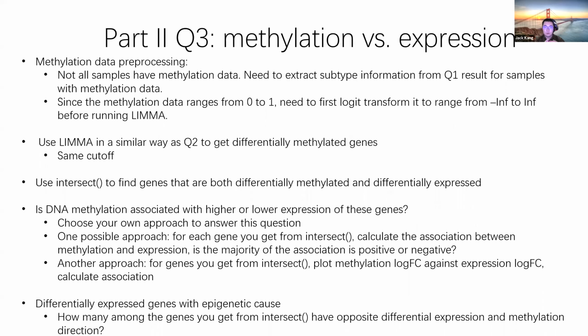And you will get a correlation value for each gene. And you may check whether the majority of the associations are positive or negative. Another possible approach is, for these genes, you just plot their methylation log-fold change against their expression log-fold change and calculate the association and check if it is positive or negative.